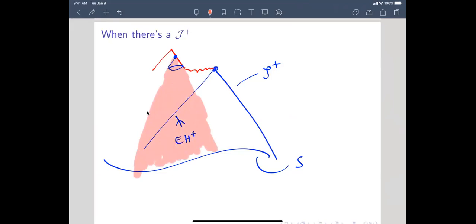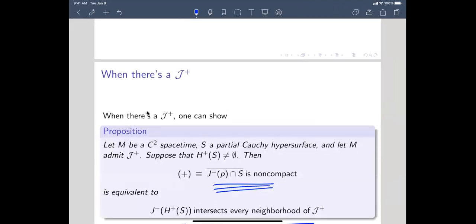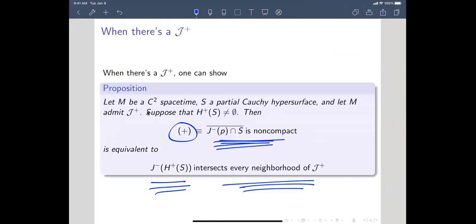Now, what do you see? What you see is that J minus of P intersect S closure is compact. So this doesn't satisfy the condition where this is non-compact.